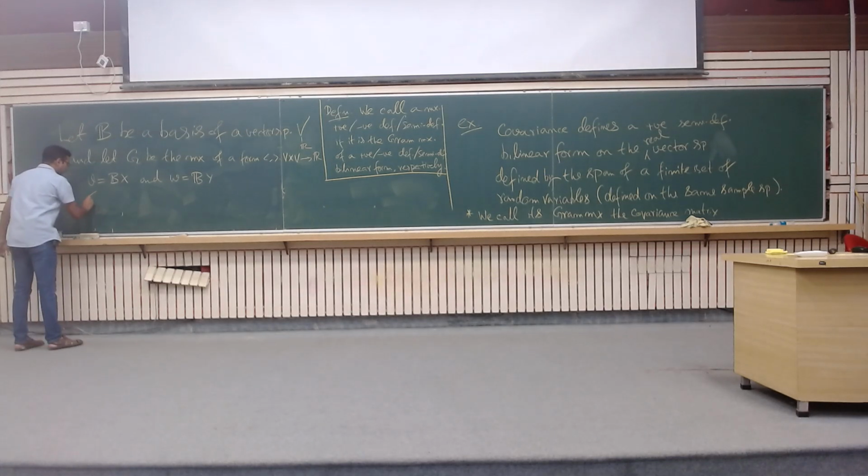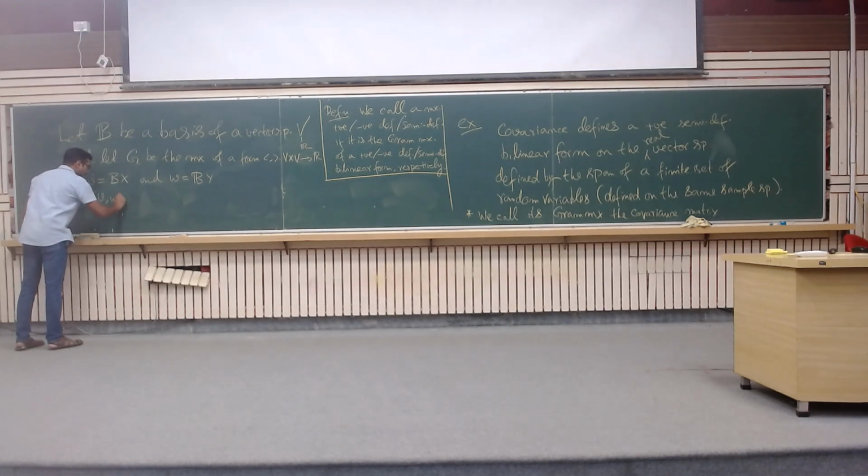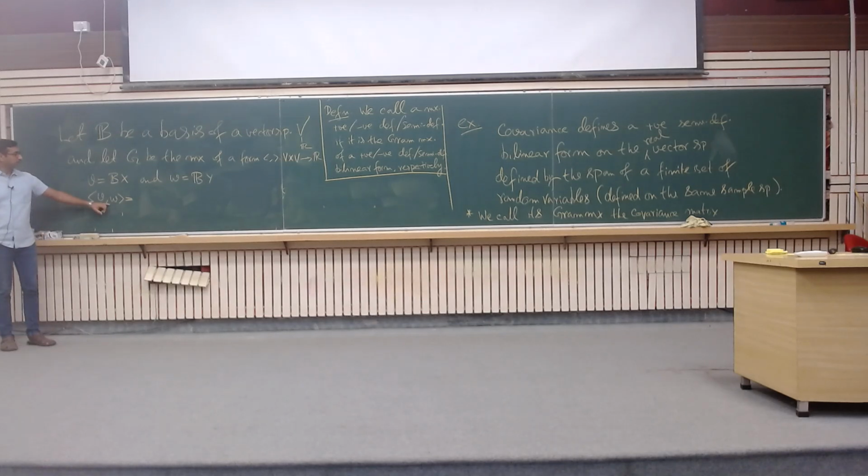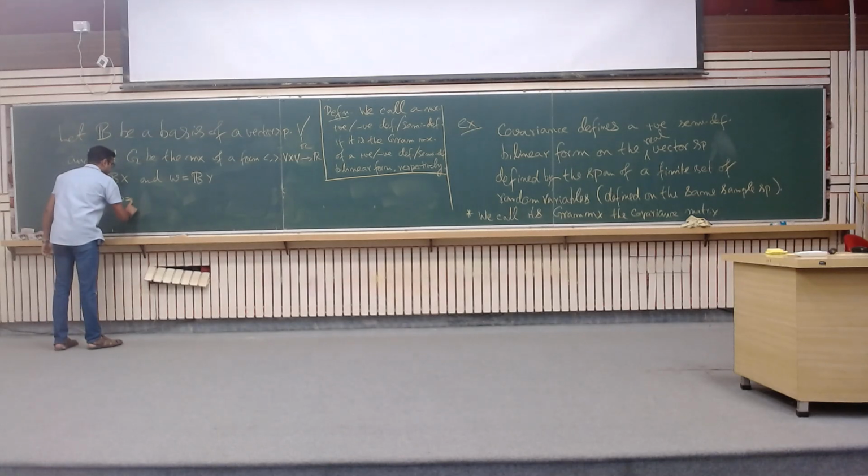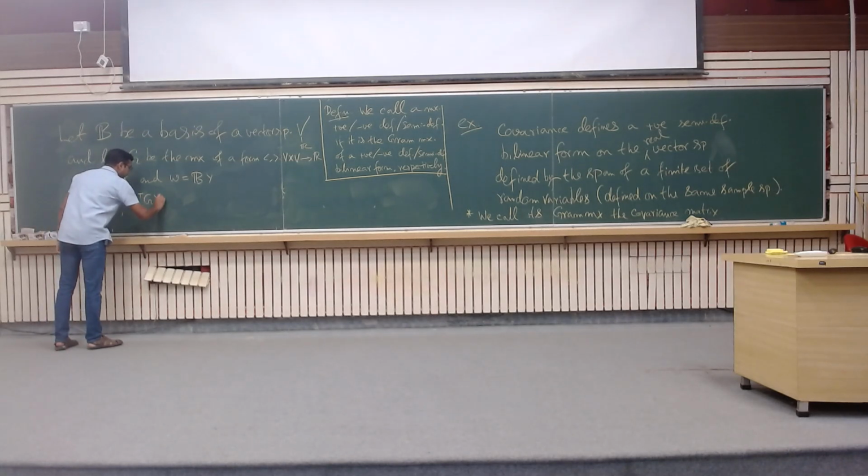Then do you recall what is the relation between V and W? How can we express this product in terms of the Gram matrix and X and Y? Perfect, X transpose Gy.